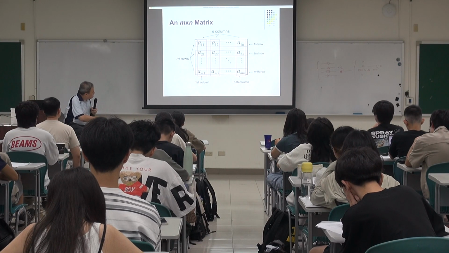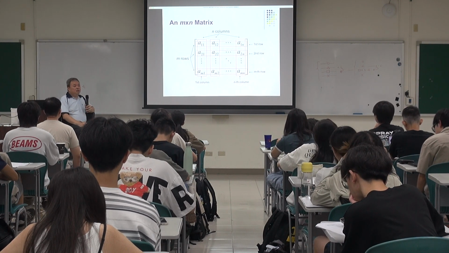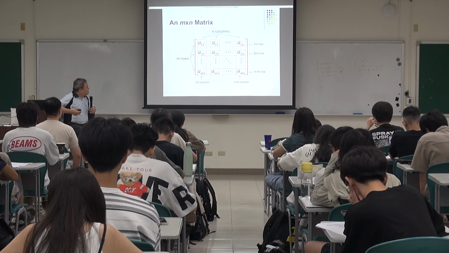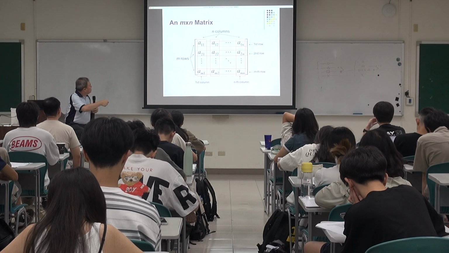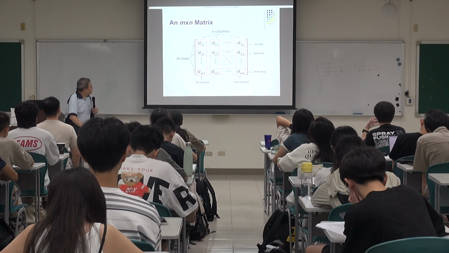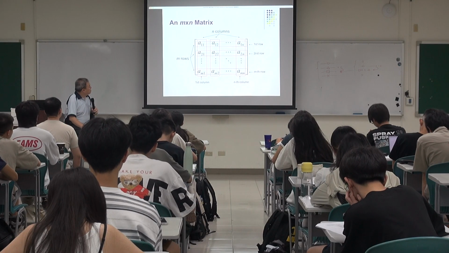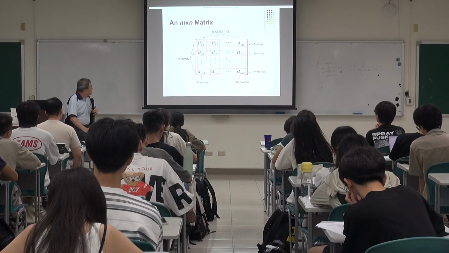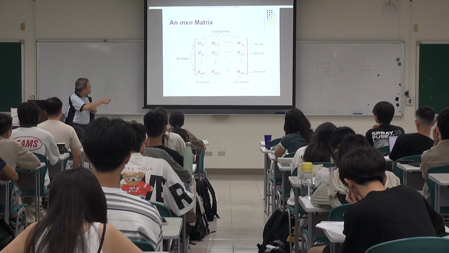We will have n columns, and each column has n numbers. This is a matrix. We call such a matrix an n times n matrix. The first number represents the number of rows, the second number represents the number of columns. So n times n matrix means we have n rows and n columns.